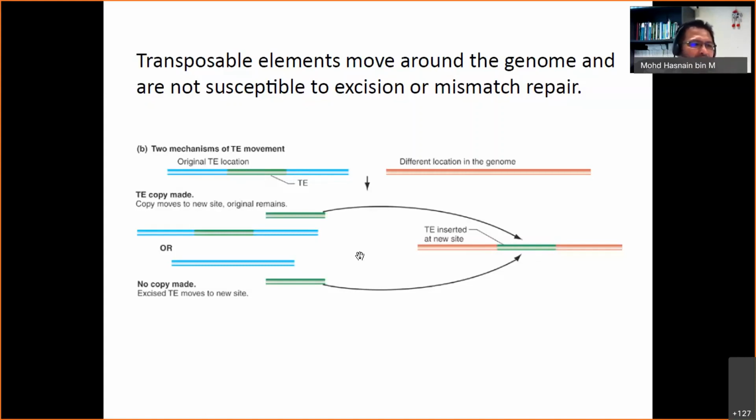So that is a transposable element, and there are mechanisms for it to go from one place to another without needing additional molecules from the outside. That's why a generic or layman's term for a transposable element is a jumping gene.